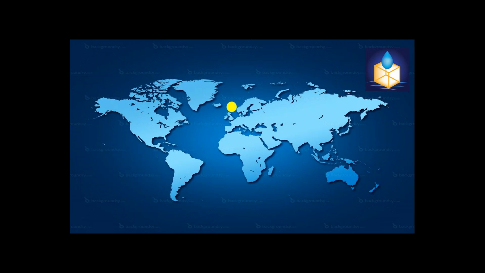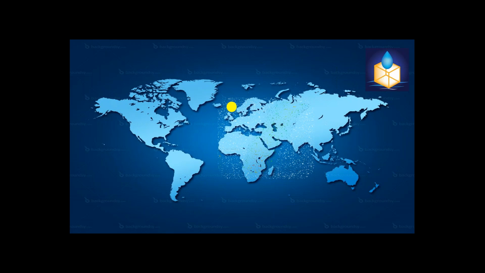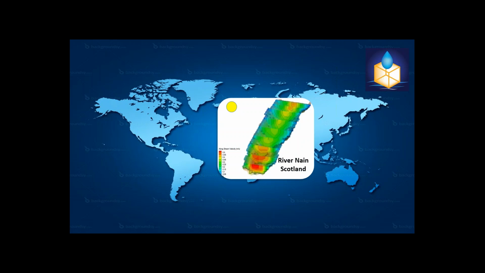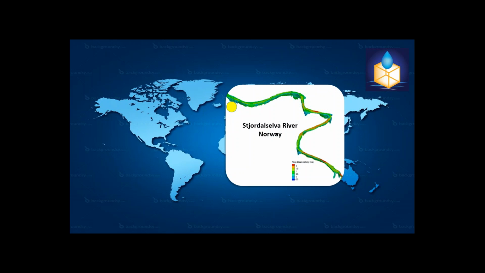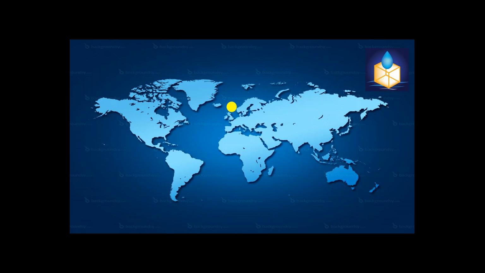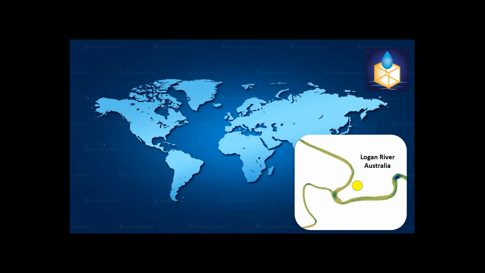As we go across the pond into the United Kingdom, we've mapped the River Severn, as well in Scotland as River Nain, and the Stordselva River in Norway. In Australia, we've worked with a research organization looking at many of the rivers flowing into the Great Barrier Reef.